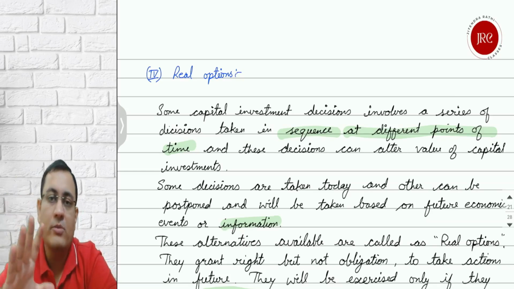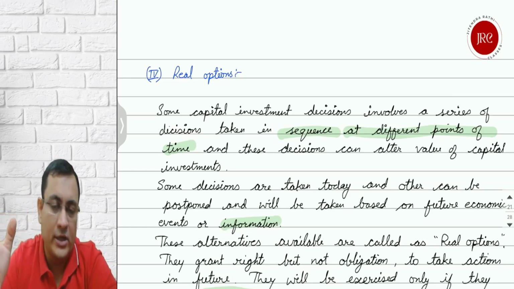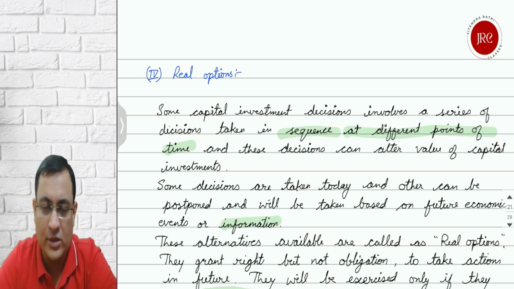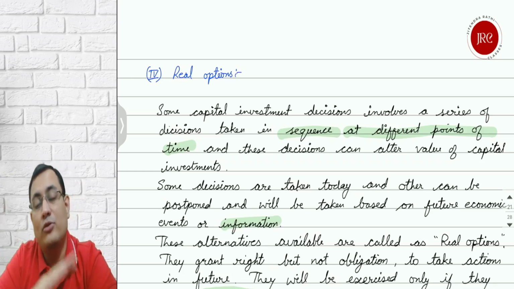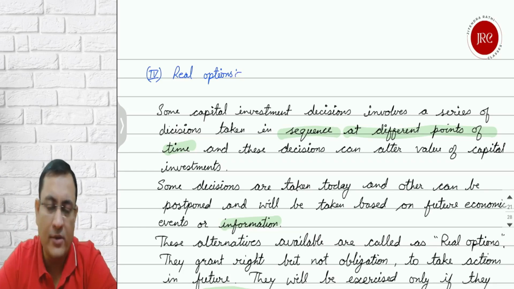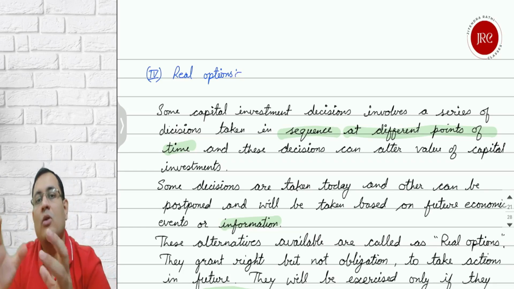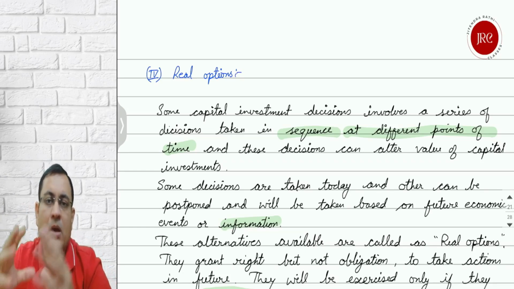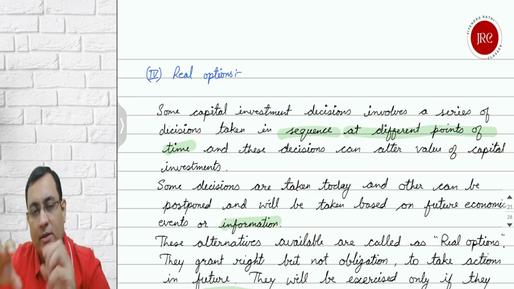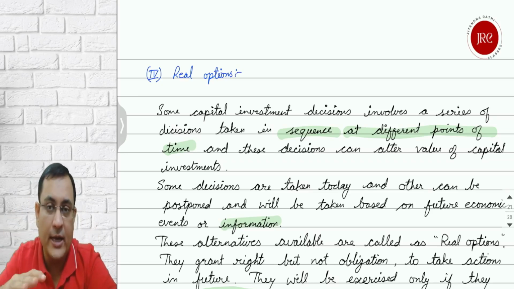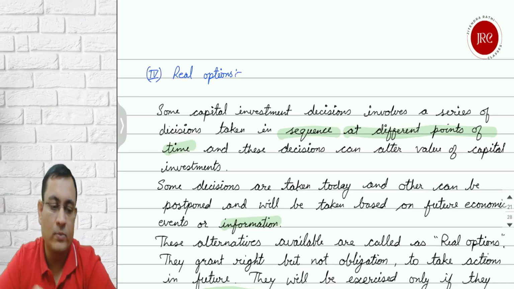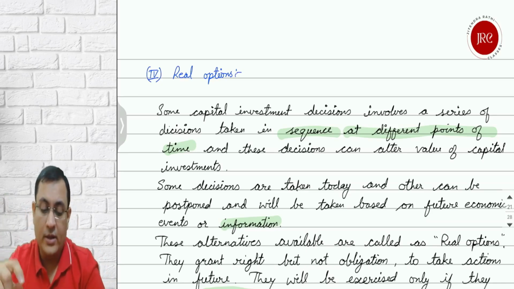Whereas financial options are based on financial securities, equity shares, to buy an equity share at a future point of time or to sell an equity share at a future point of time. So almost a similar mechanism, but the difference is the base security or the asset from which they derive the value.